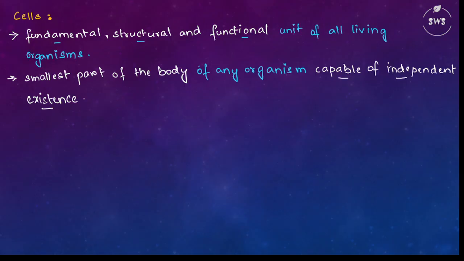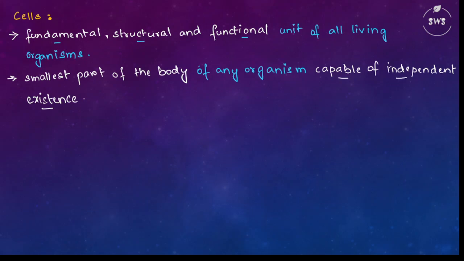Similarly, if we say that the cell is capable of independent existence, it means that the cell will be able to survive on its own. It does not need the help of anyone else. But here there is a small point which you need to understand.